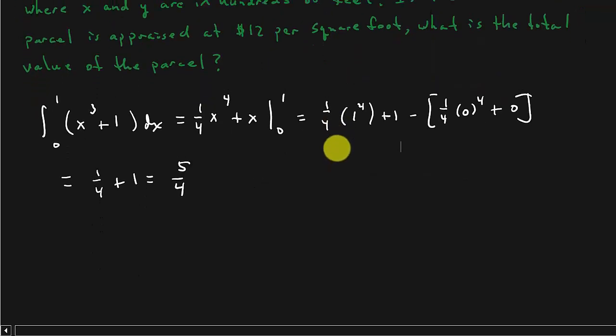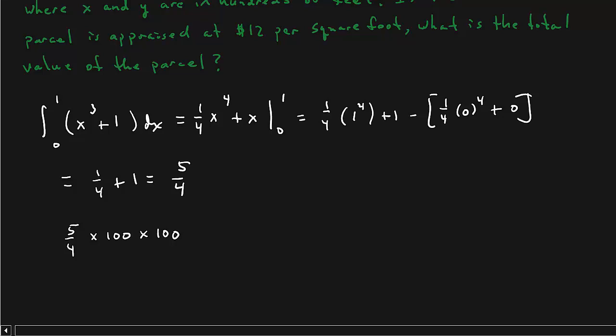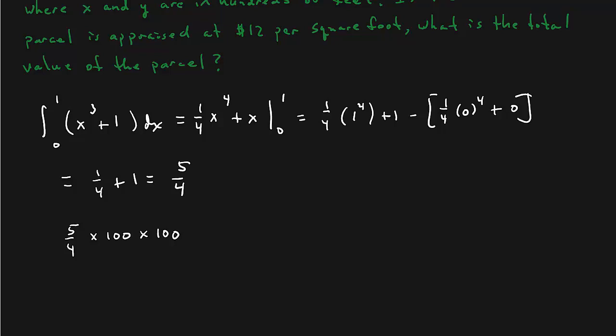All right, so the area is 5/4, and remember, x and y are measured in hundreds of feet. So we've got to do times 100 times 100. We got an x value and we got a y value. So the x is measured in hundreds and the y is measured in hundreds. So we got to multiply each of those values by 100.